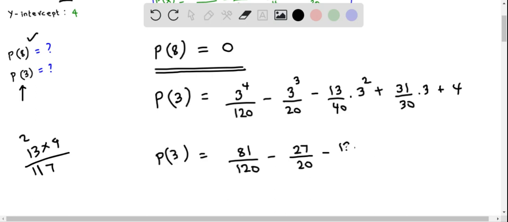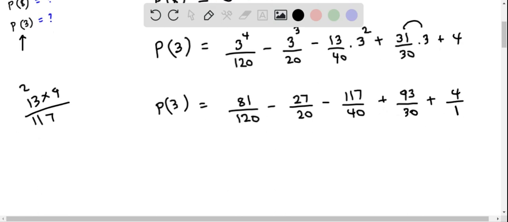So I'm going to put 117 here over 40, and then 31 times 3 equals 93, and this is over 30, plus we then have 4. So I'm going to put this as a fraction, that is 4 over 1.